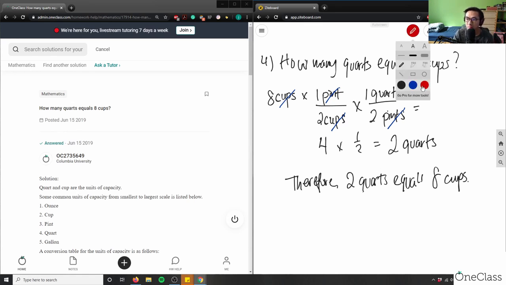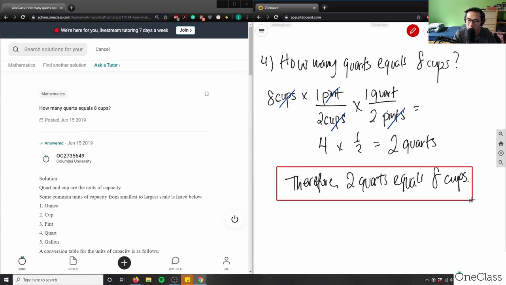I can use a box and box it in. Therefore, 2 quarts equals 8 cups, and here is my answer. Again, this concept is dimensional analysis. I'm making sure my units are canceled out, and I get the correct unit in my answer.